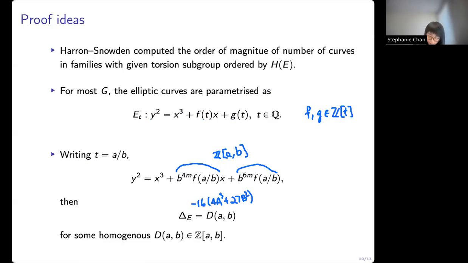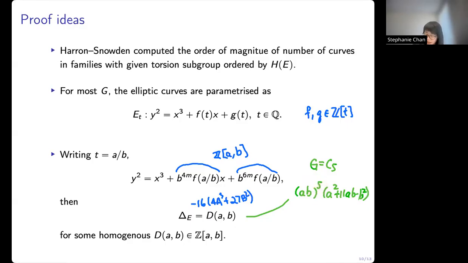if we take one of the torsion subgroups, say C5, then this polynomial D would look like (ab) to the 5 times a quadratic factor. So we actually don't expect that the radical is very close to the polynomial itself because of this exponent here.